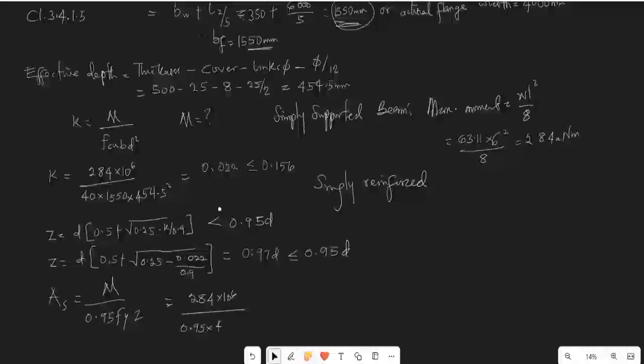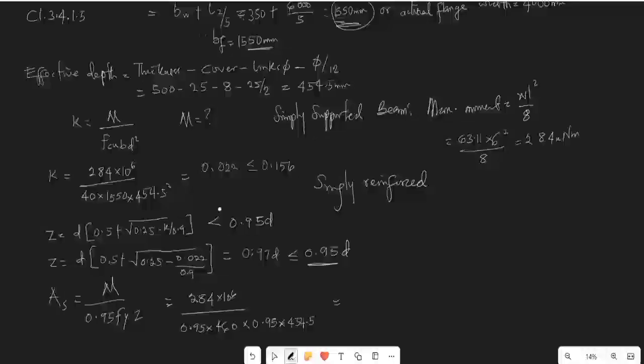All right, we have been given characteristic strength of reinforcing steel to be 460, so you want to stay with that. Multiplied by the Z, which is now limited to 0.95 D, multiplied by our effective depth, which is 454.5.